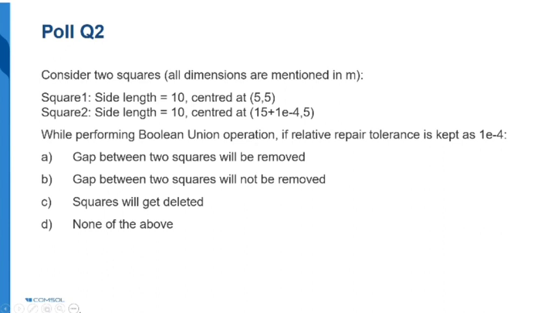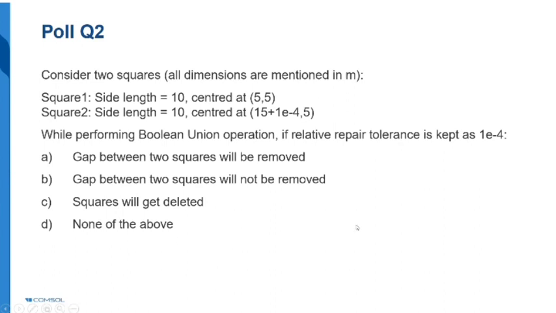Now, while performing the Boolean union operation, please listen carefully. If the relative repair tolerance is mentioned as 1e-4, what will be the resultant entity? Whether the gap between the two squares will be removed, or it will not be removed at all, or the squares will get deleted altogether, or none of the above, something else will happen.